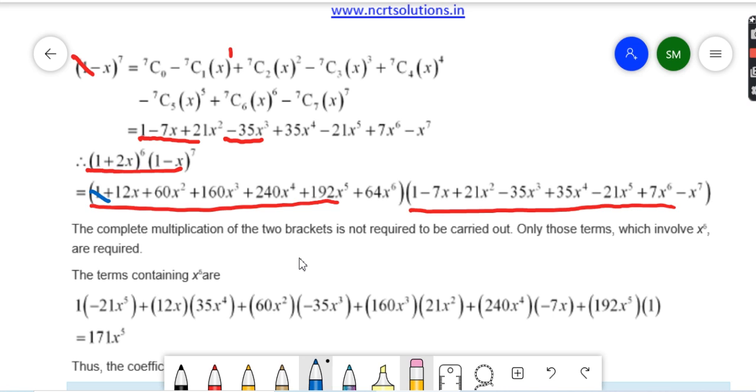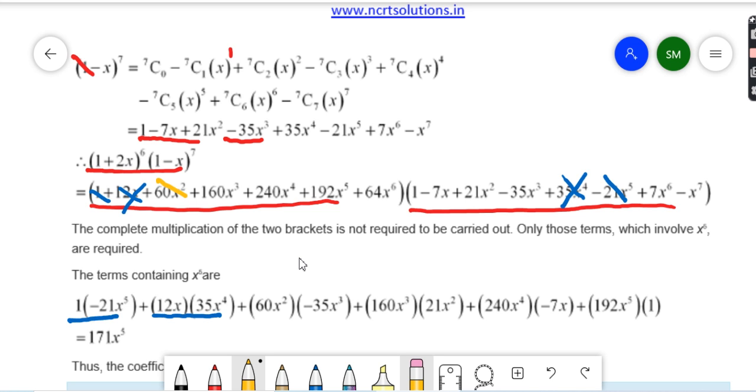So 1 I will multiply with x raised to 5 over here: 1 into −21x raised to 5. Then x I will multiply with x raised to 4, so you will get x raised to 5. So 12x into x raised to 4. You can see we are trying to arrange in such a way that you get x raised to 5.